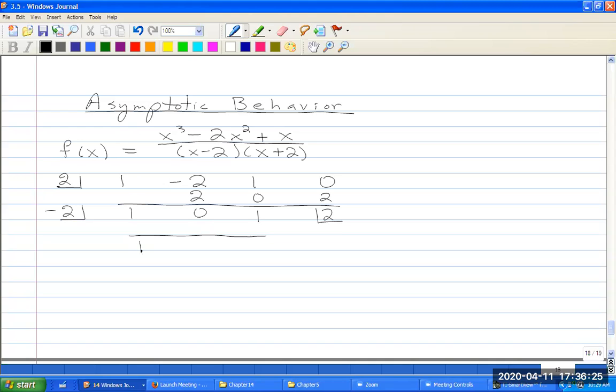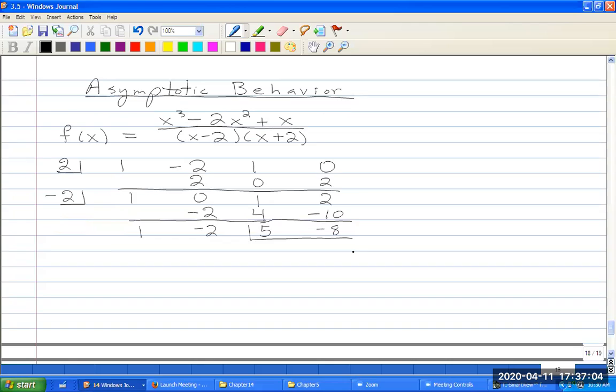Drop down the 1, times minus 2 is minus 2. Plus 0 is minus 2, times 2 gives me a 4. Plus 1 is 5. And let's do 2 times 5 is 10, plus minus 2 is minus 8.